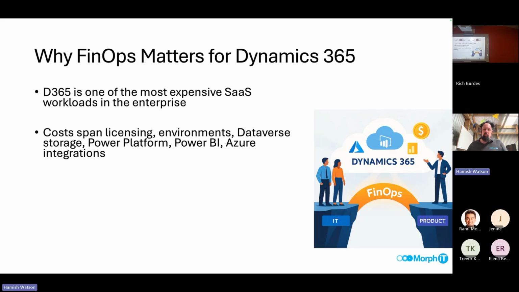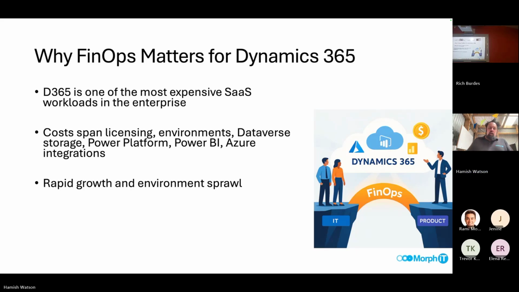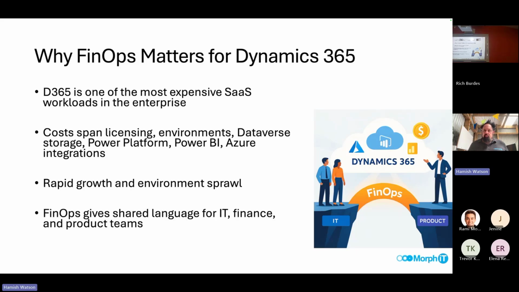Without DevOps discipline, costs can drift big time without visibility. Most organizations have at least some FinOps practices for their Azure infrastructure, and I'll talk about what FinOps is very soon. The thing is, biz app teams often assume that software as a service can be a fixed cost, which is no longer correct.